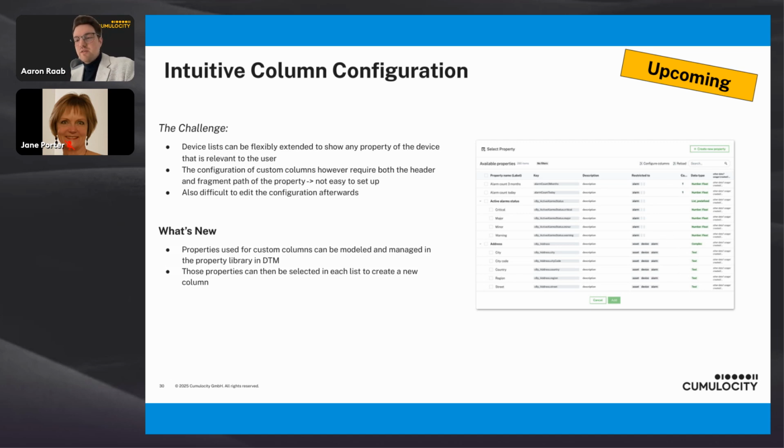That's why we want to make that easier and leverage the digital twin manager for that, so that the administrator can use the property library to model the properties that can then just be selected in your columns if you want to set up custom columns.